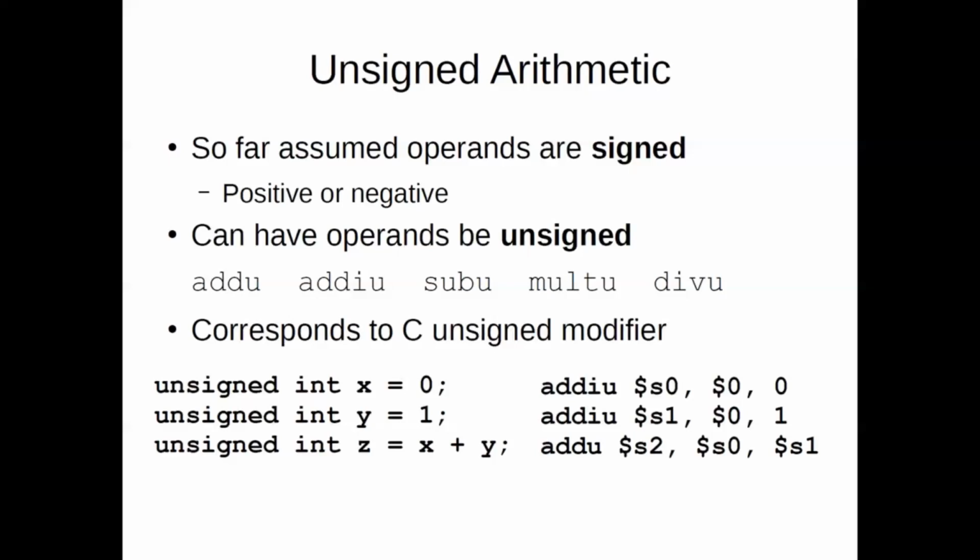Similarly, unsigned int y equals 1 is equivalent to addiu $s1, $zero, 1, initializing $s1 to the value 1. Finally, the addition of two unsigned numbers is accomplished using the addu instruction. Here, addu $s2, $s0, $s1 results in the addition of x and y into z allocated to $s2.